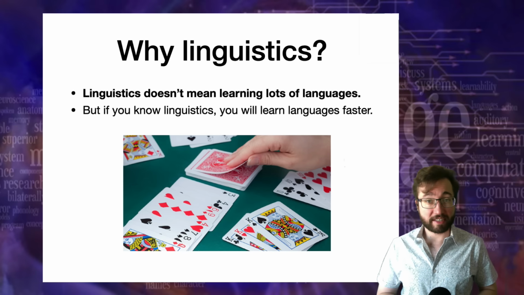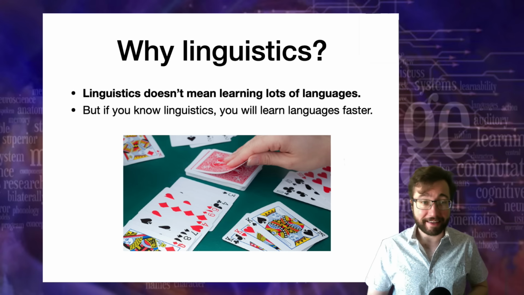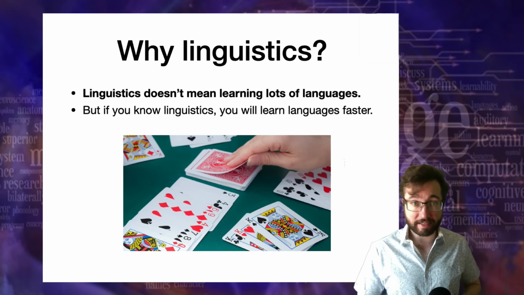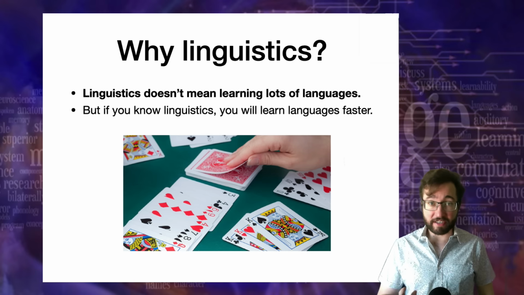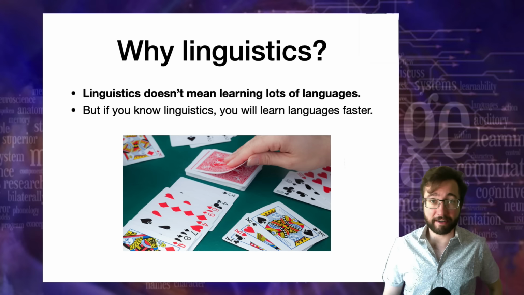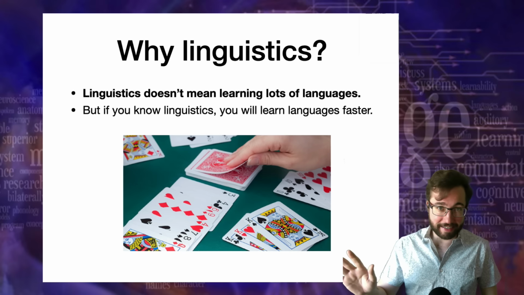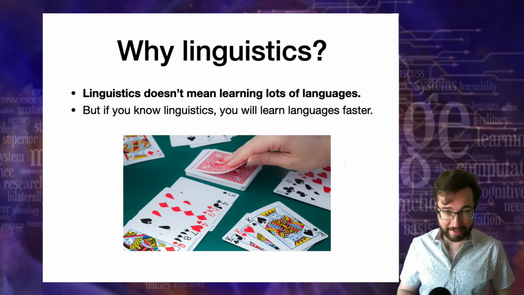Similarly, once you understand the underlying principles of all languages through the science of linguistics, then you're going to find that learning new languages is going to be easier, because you're going to see how the language works and you're going to say, oh yeah, I remember that, I know what's going on here. And everyone else in the class who hasn't taken linguistics is going to be confused, but you're going to get it.